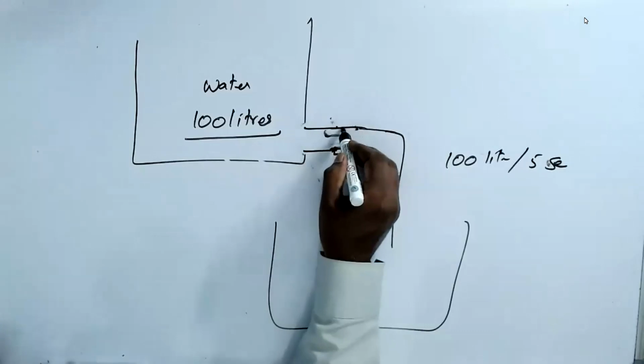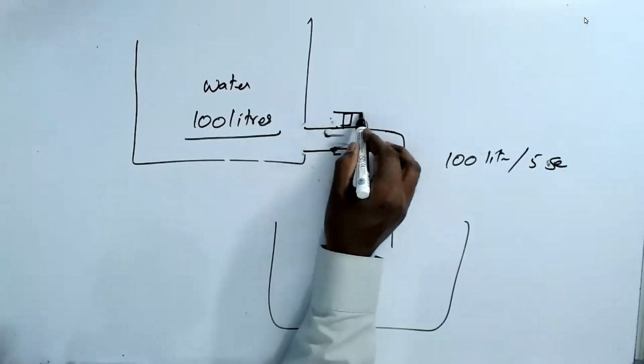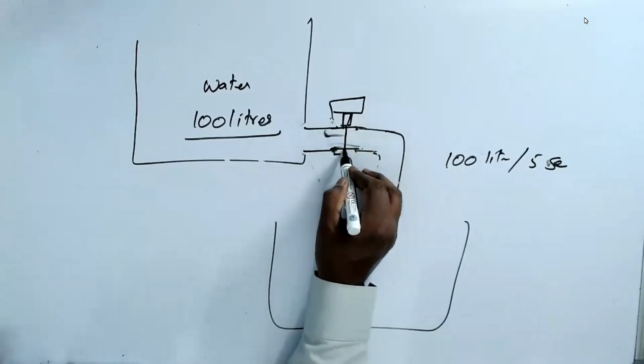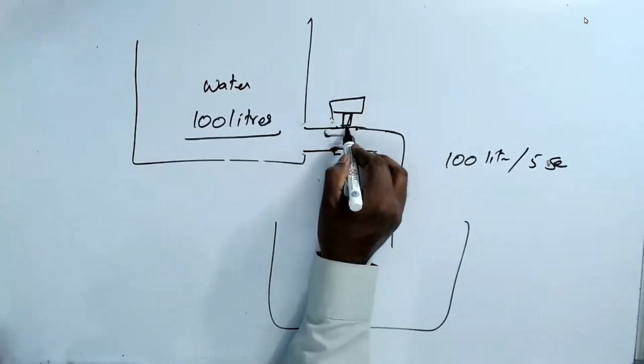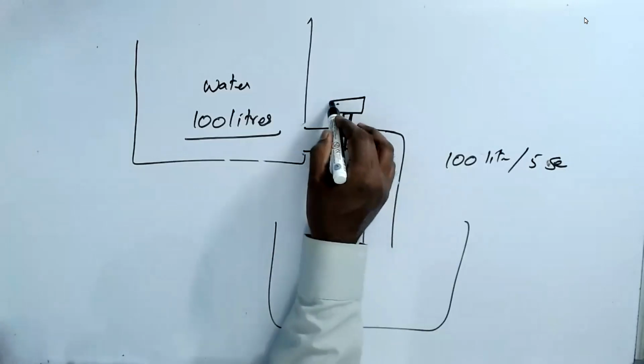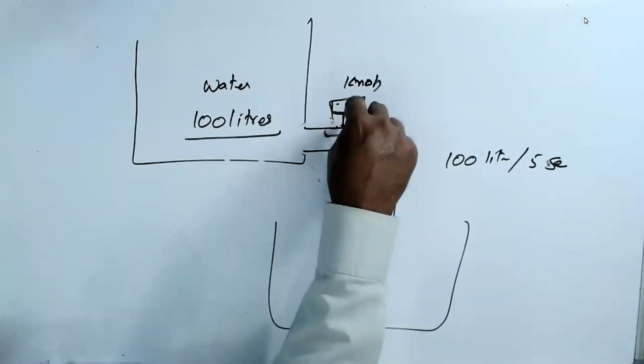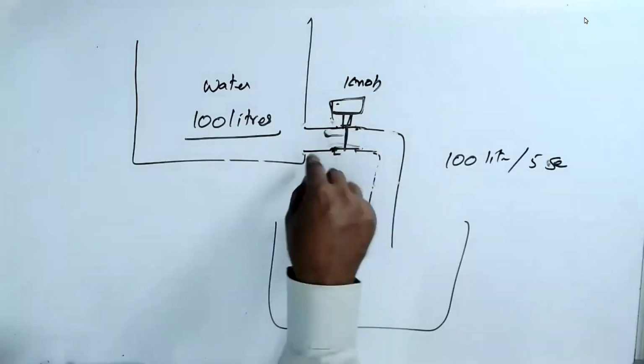So I have a control on top. If I screw that, slowly the screw comes here. At one point it will block. Then when I increase the knob, let's say I have a knob, I screw the knob, then it comes down, then it blocks the entire water.